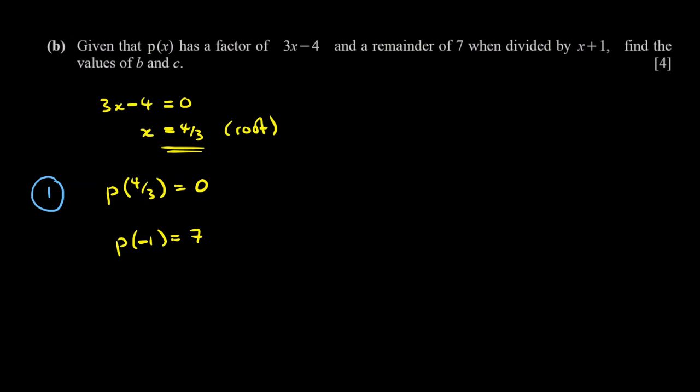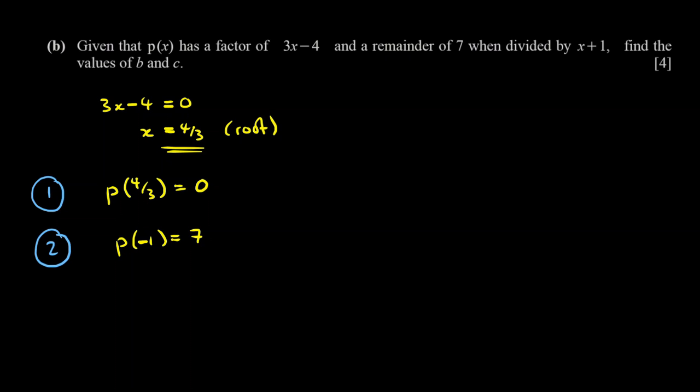Okay, so we've got two statements here, statement 1 and statement 2. And what we've got to do is just follow through each statement. So we're going to substitute in 4/3 into the polynomial and set the polynomial to 0. And then we're going to substitute -1 into the polynomial and set that equal to 7. So let's try to do that.